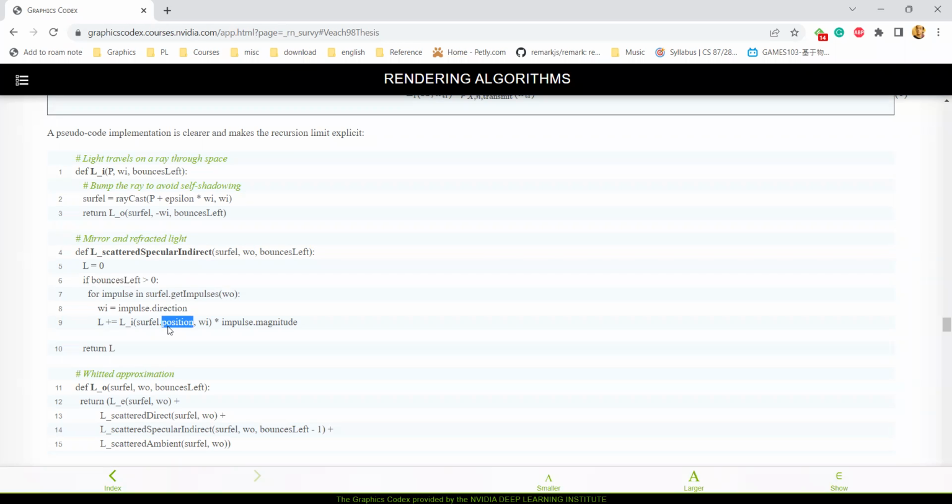It's interesting that the ambient doesn't need a bounces left minus 1 term because there's only up to one ambient. There is another recast. That makes sense.